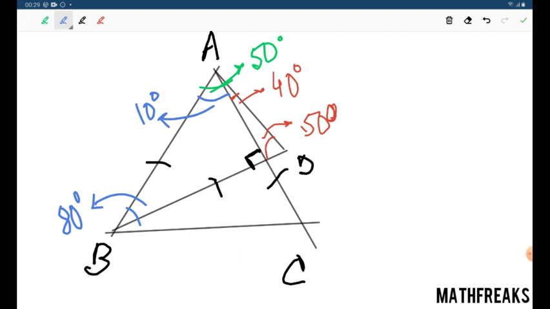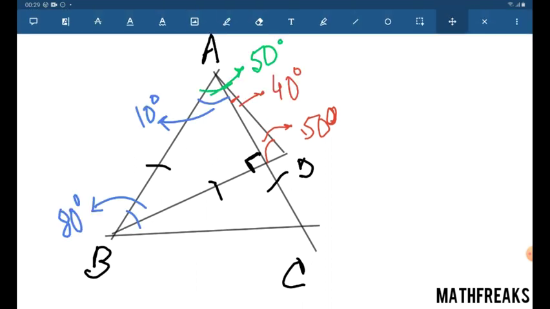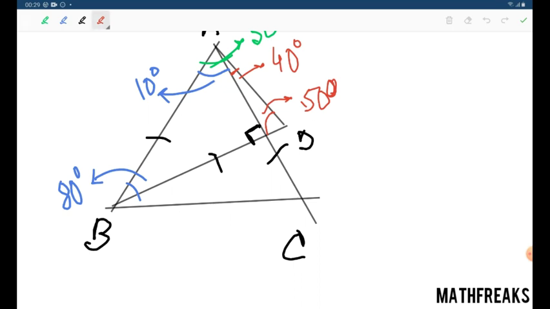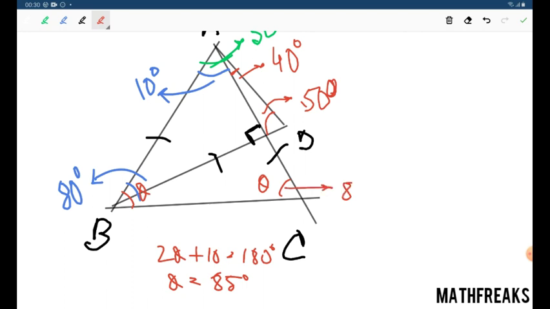Now since this angle is 10, if we consider this as theta, this will also be theta. 2 theta plus 10 equals 180 degrees, or theta equals 170 by 2, 85 degrees. This is 85 degrees.